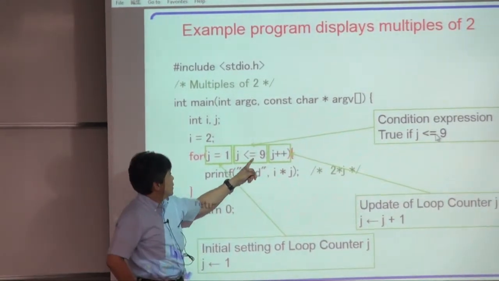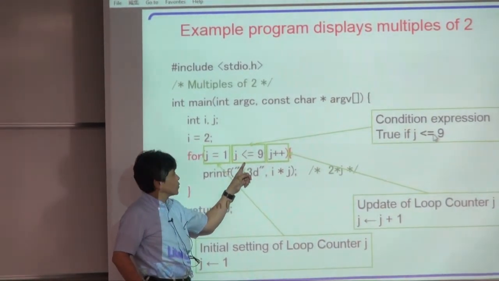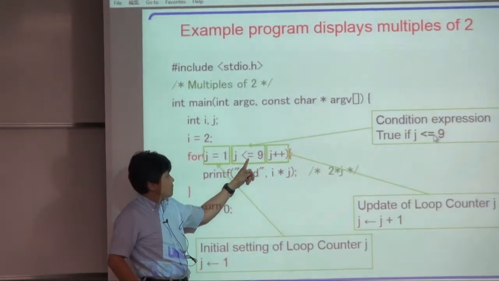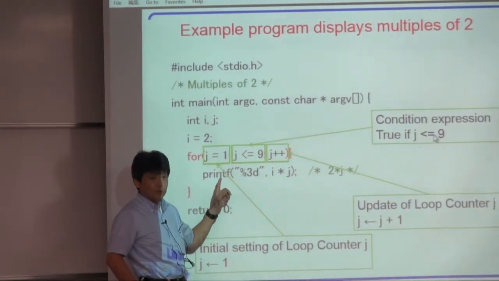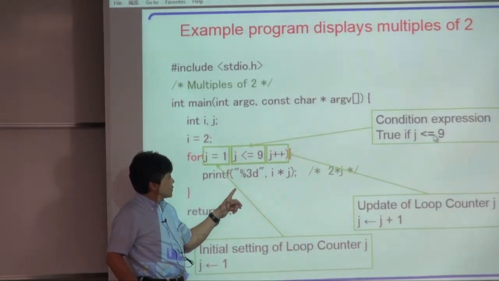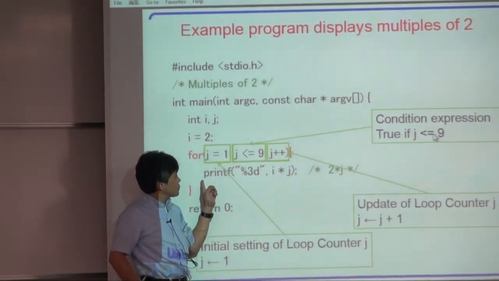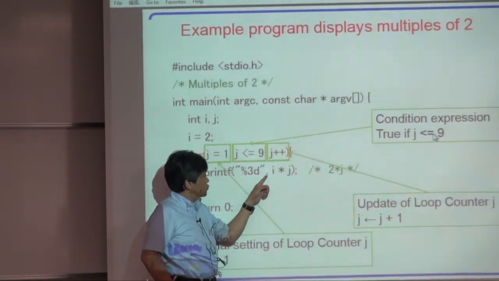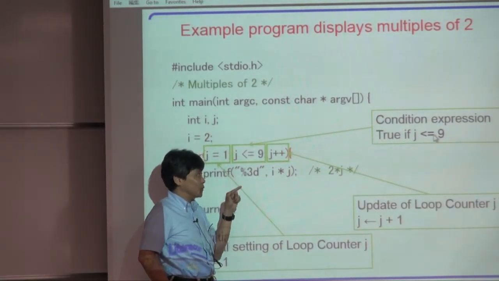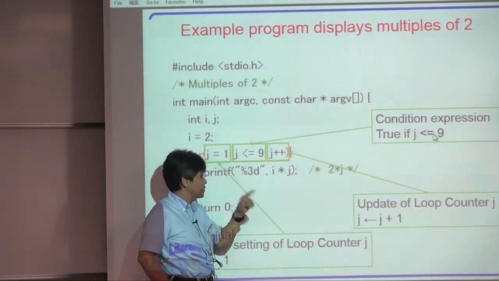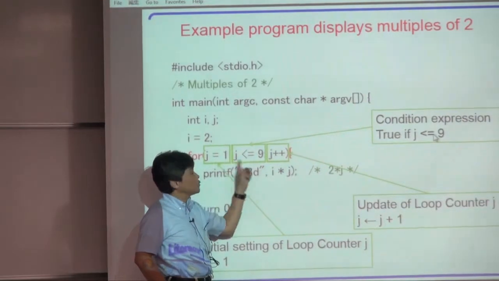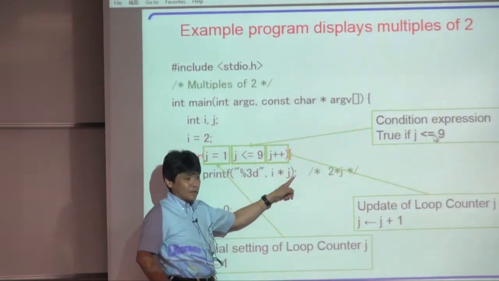Of course, our first value is 1, so this condition becomes true. Then this block will be executed. As a result of this sentence, the number 2 will be displayed on the computer screen because in this case, i is 2 and j is 1. So 2 by 1 is 2.